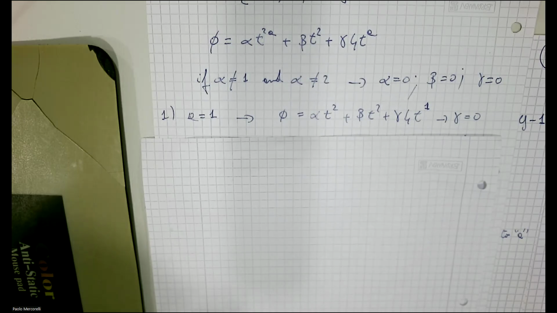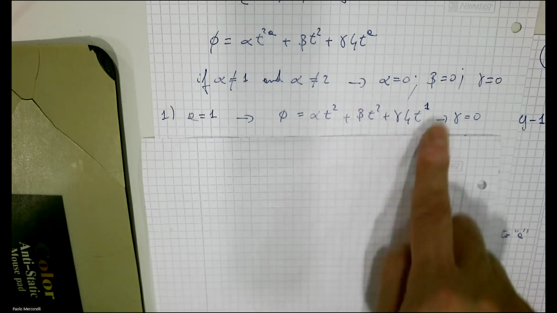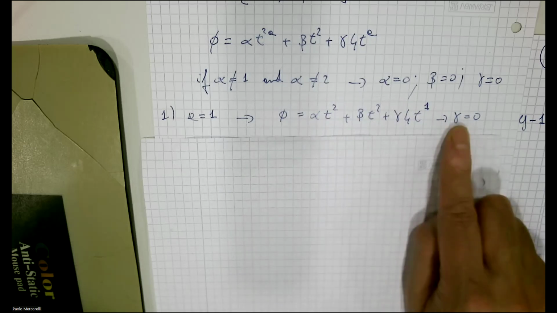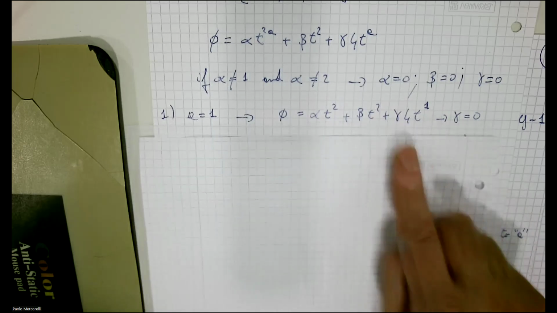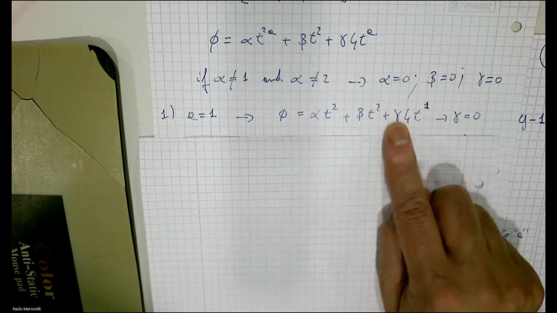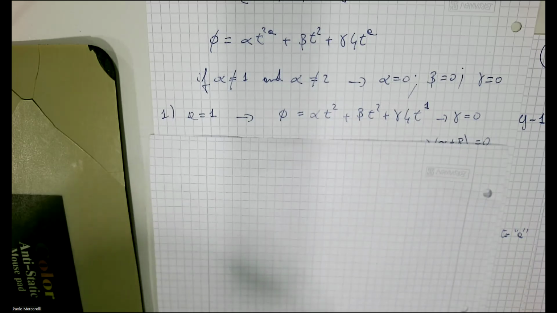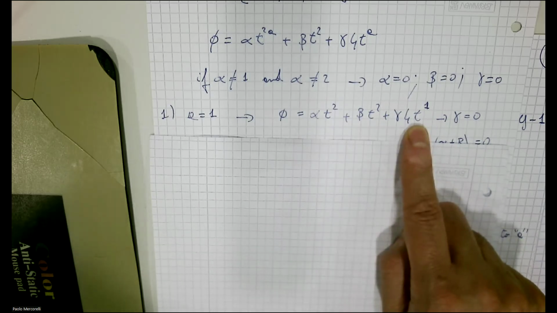Case one. A equals 1. We have this expression here. This means that gamma equals 0 because it's the unique element in which we have t up to 1. This means I cannot find any possible combination that generates 0, not trivially, for the element related to t.